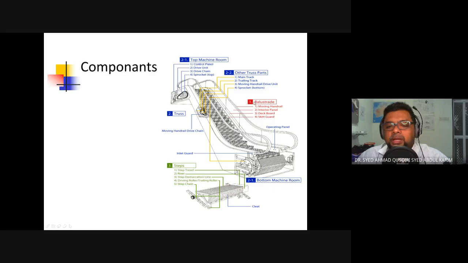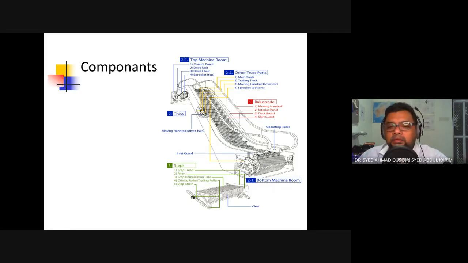Then we have the balustrade. Here we have the handrail, the interior panel that holds up the handrail, the deck board of the balustrade, and the skirt guard between the moving steps and the stationary balustrade.